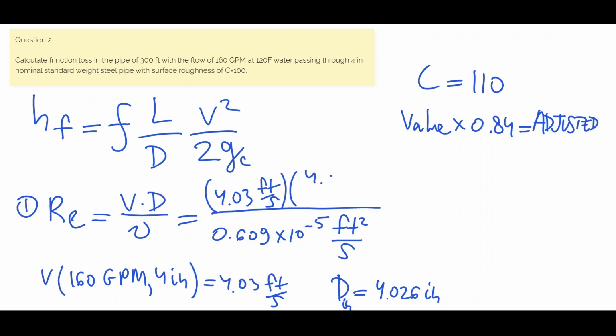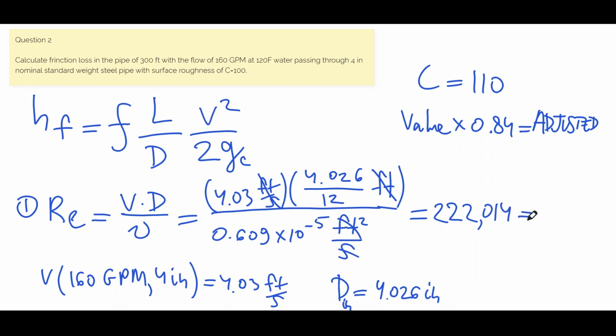In this formula, the diameter should be in feet, so we divide by 12 to get feet. Reynolds number is unitless, so all these units cancel out, and you'll get 222,014 for your Reynolds number.